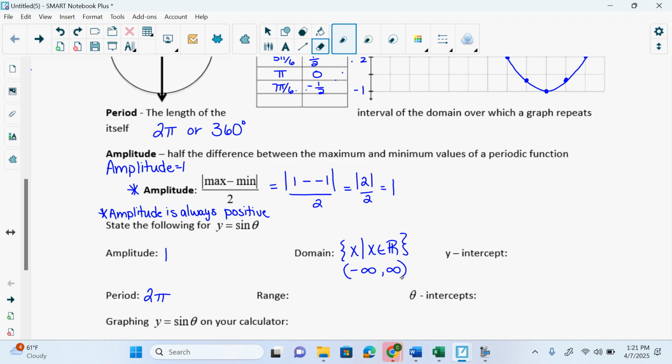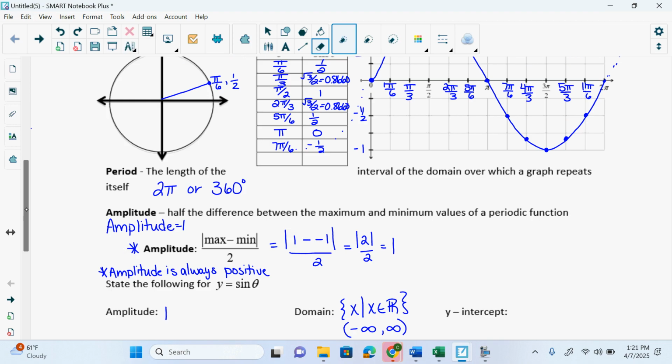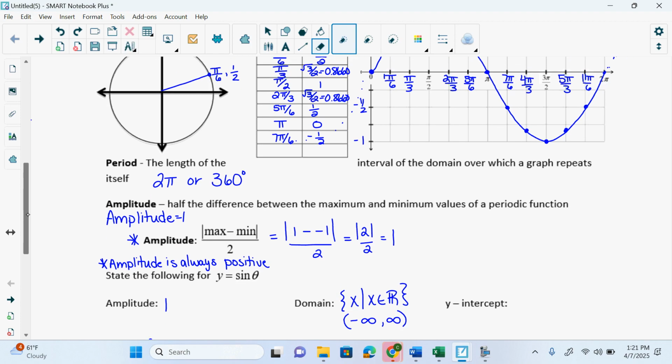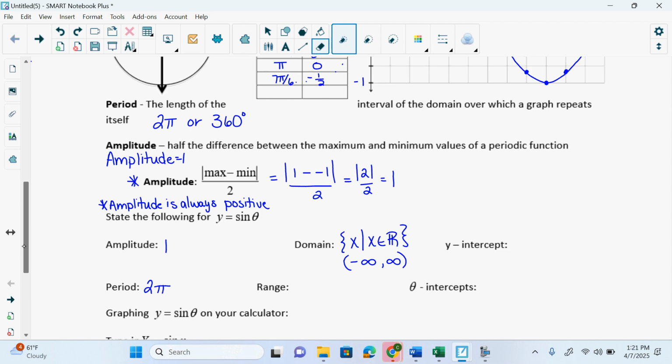What's the range? What's the lowest this graph goes to? Negative 1. What's the highest it goes to? 1. So we have to sandwich it between negative 1 and 1. In set notation, that would be y such that we go low to high: negative 1 is less than or equal to y is less than or equal to 1. Do you see how the inequality signs are in the same direction?